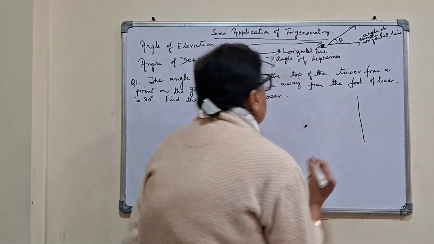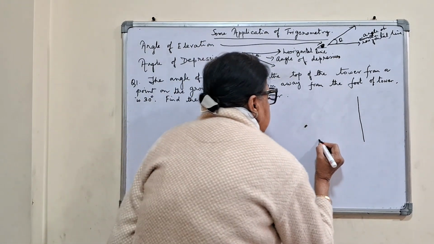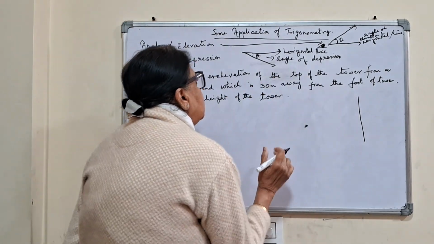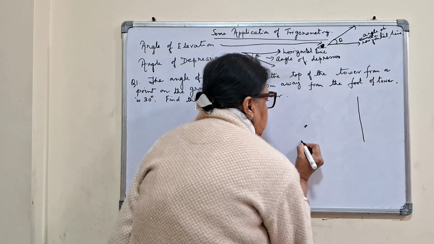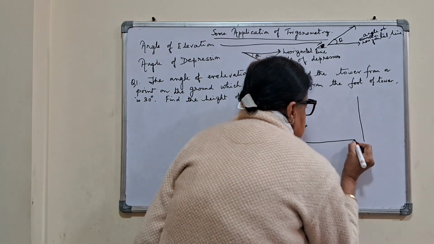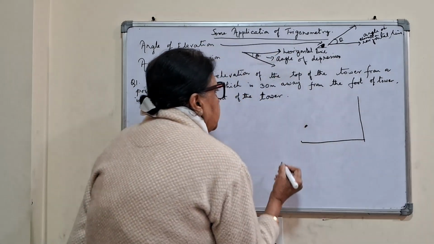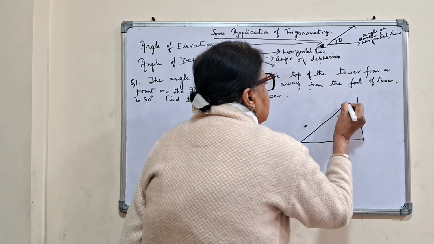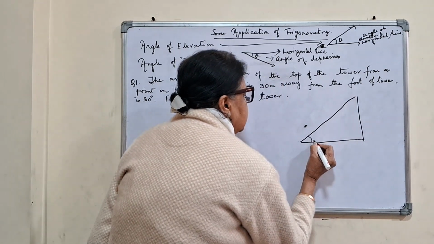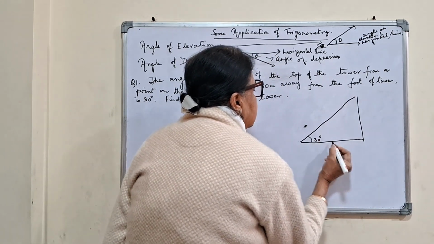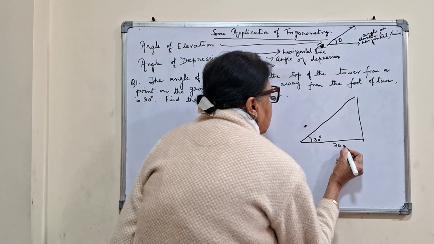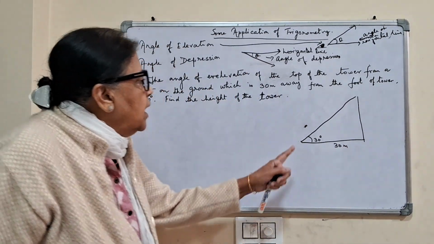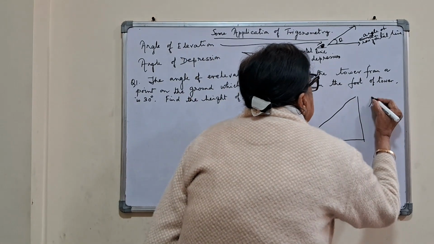It is said that the angle of elevation from a point, this is the point, and this is the horizontal line. This elevation is 30 degree, and the point is 30 meter away.